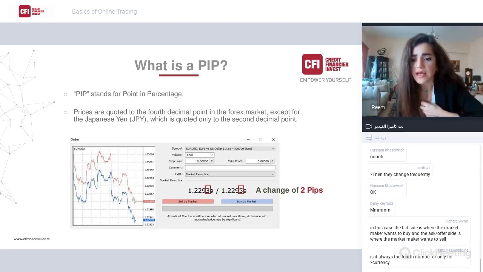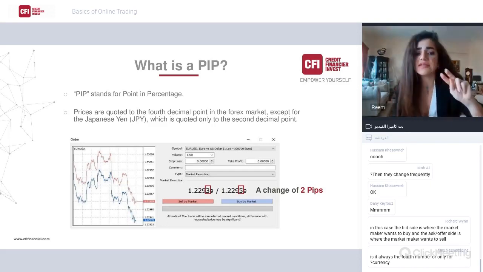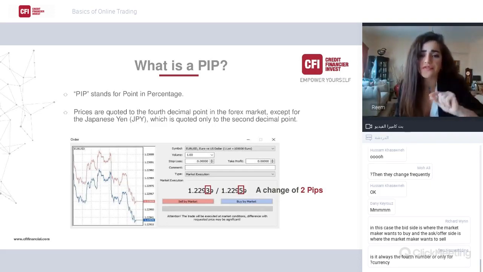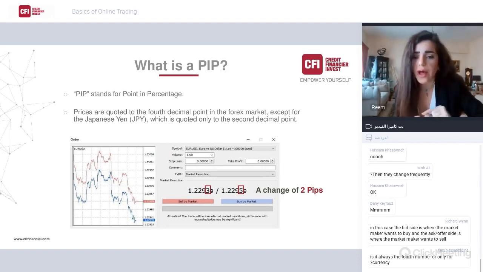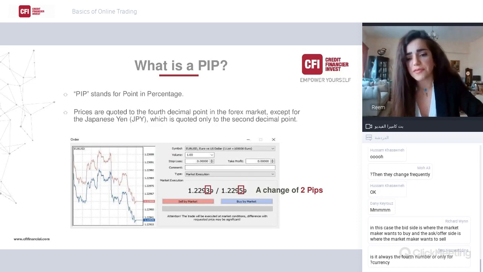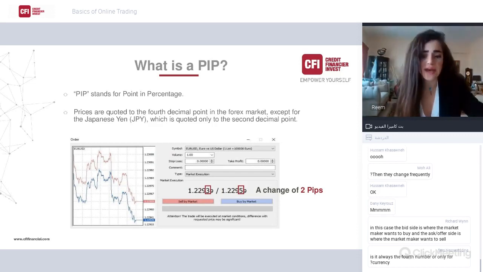Yes, this is only for major currencies. However, for the Japanese yen, Firas, it's the second digit after the decimal point. Same for gold and oil. I will talk about this in a minute. But basically, for all major currencies, it's the fourth number after the decimal point. Crosses, the ones that do not involve the dollar, are also the second digit after the decimal.